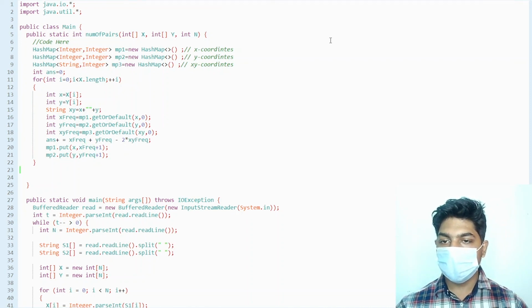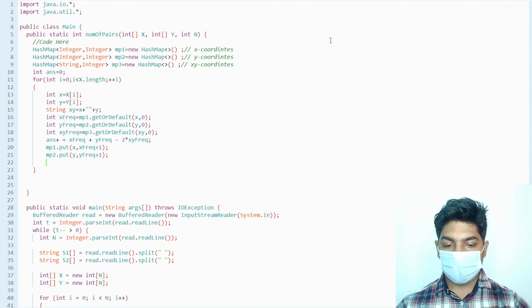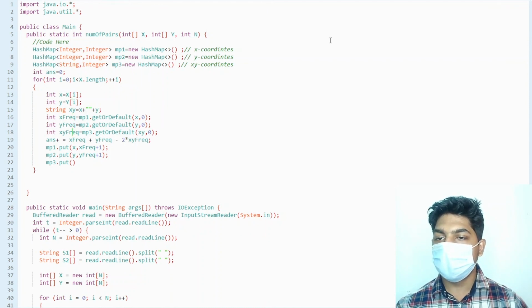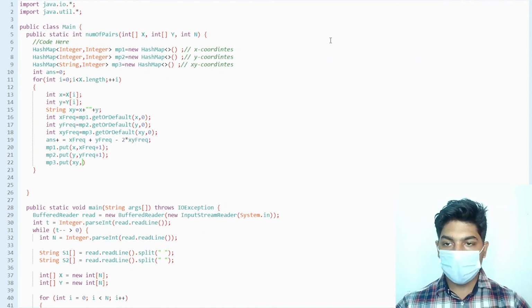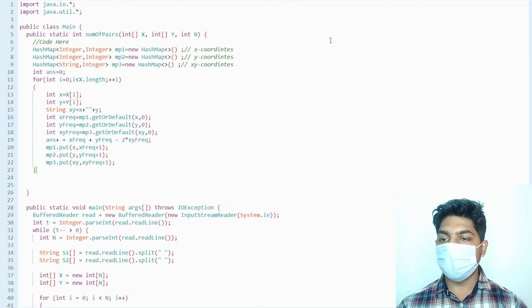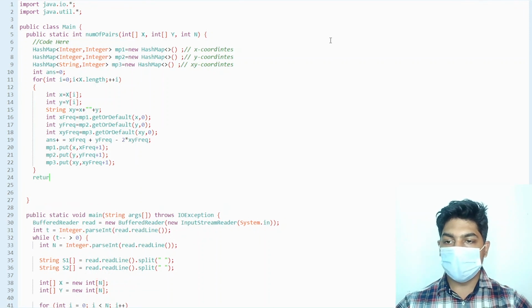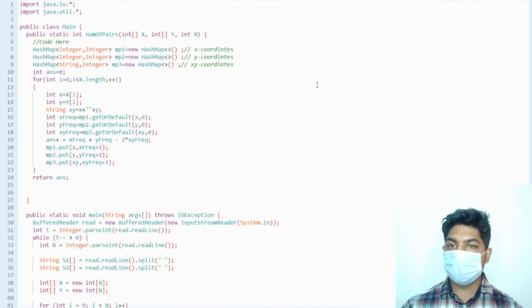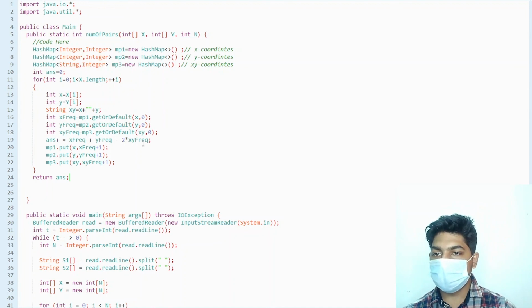Okay, now similarly we want to put the same for map3 also. So map3 dot put xy comma xy frequency plus 1. Okay, finally we have to return the answer. So this was for this particular problem.